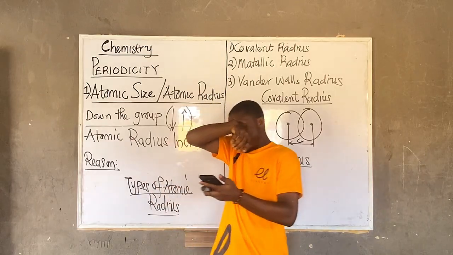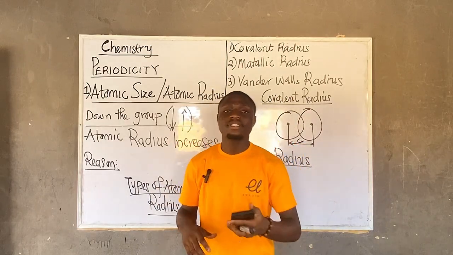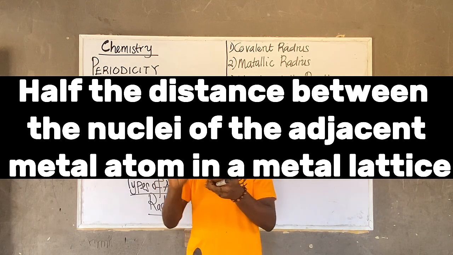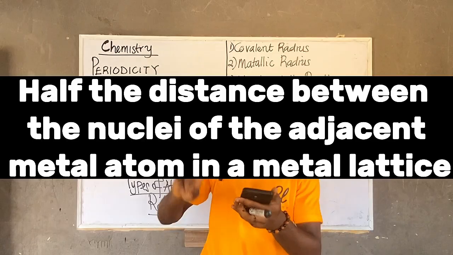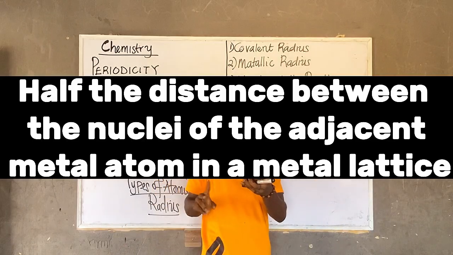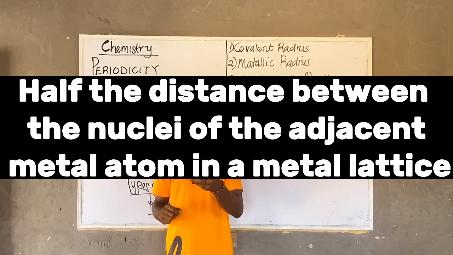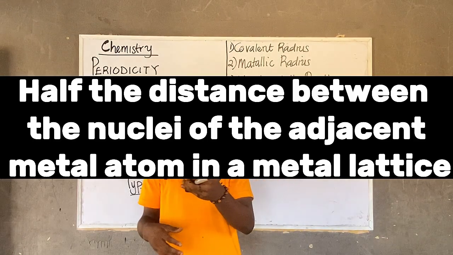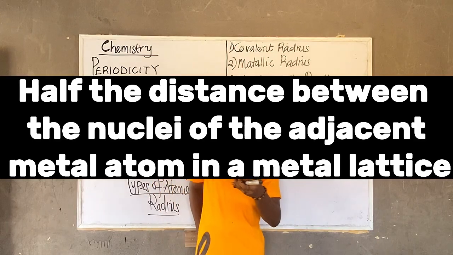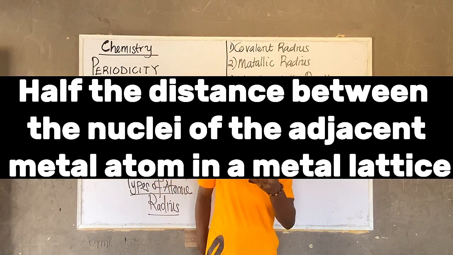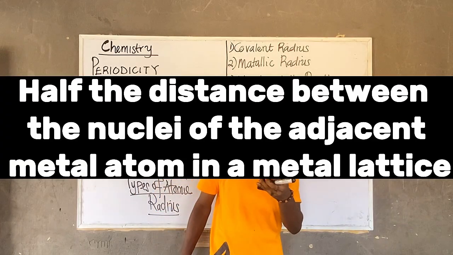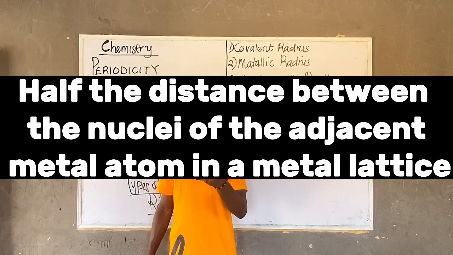This can be defined as half the distance between the nuclei of two adjacent metal atoms in a metal lattice. Half the distance between two nuclei of two adjacent metal atoms in a metal lattice.